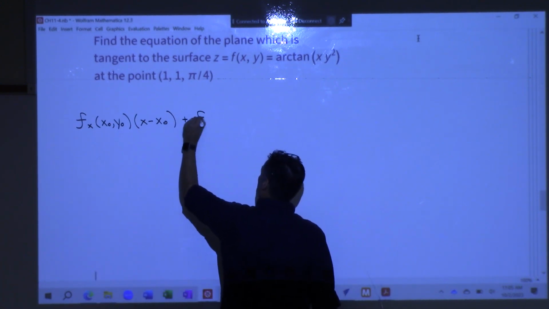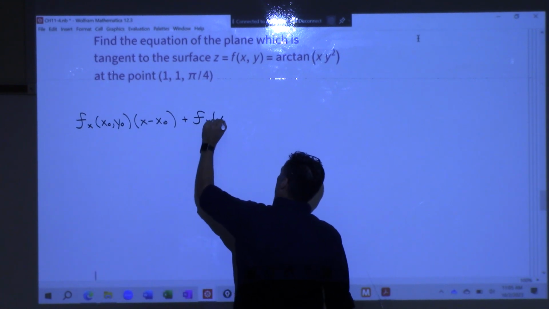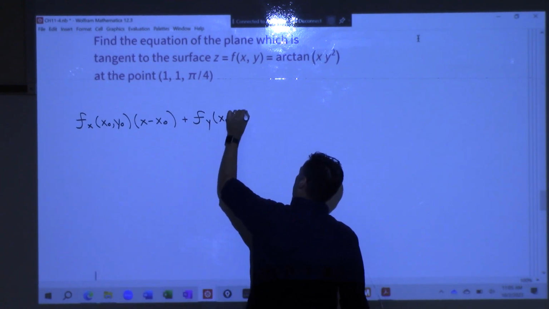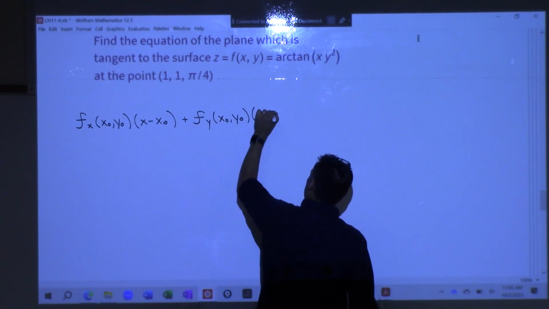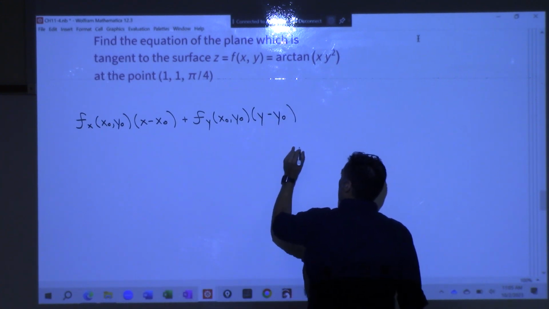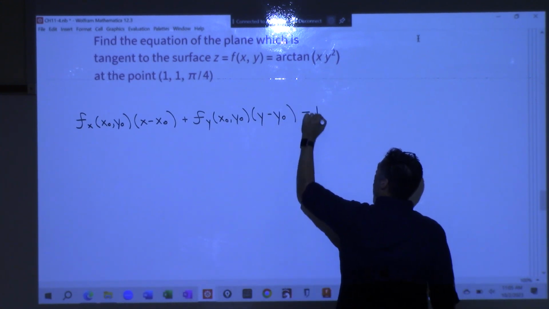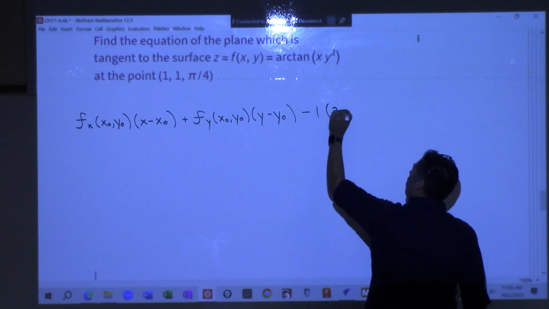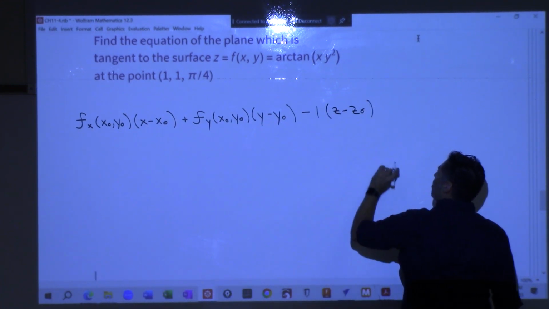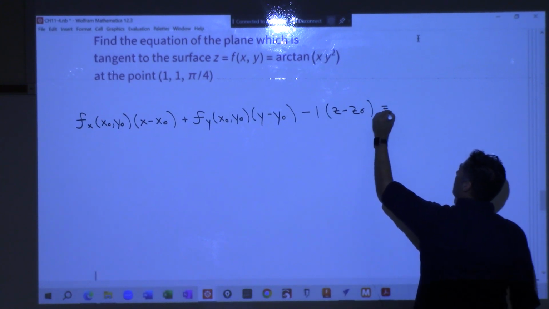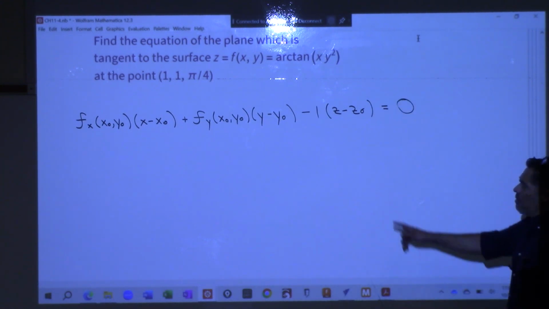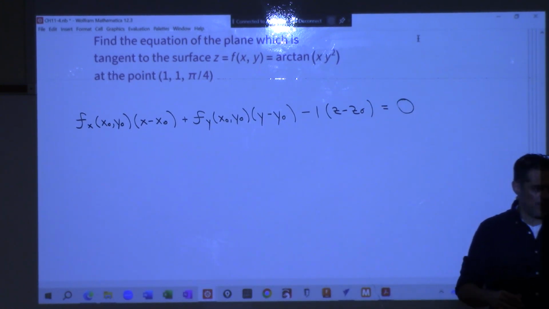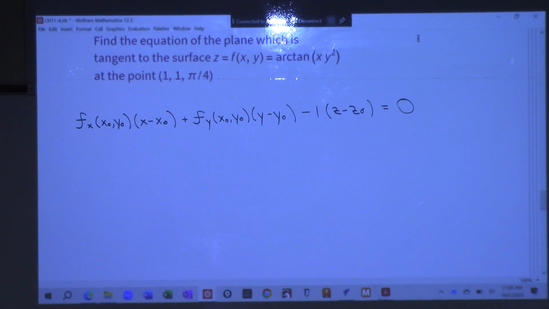Plus the partial of f with respect to y, evaluate that at x naught, y naught, and then multiply that times y minus y naught, and then minus 1, and I told you that minus 1 will always be the case for this particular scenario where z is a function of x and y, and then equals 0. And I told you I would explain where this negative 1 comes from later when we generalize this formula.